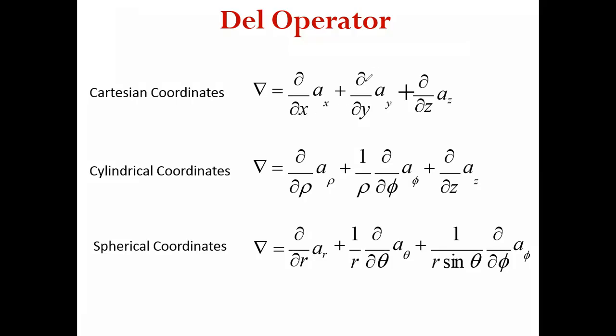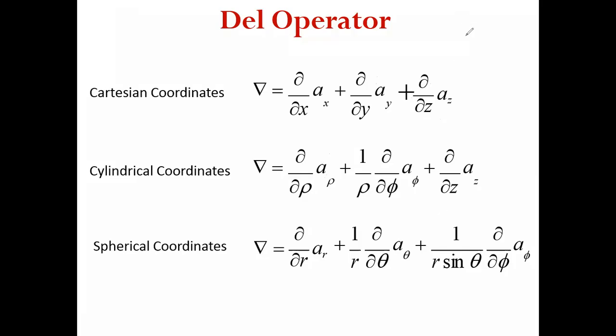Similarly, here the partial derivative of the function with respect to y, whereas the other variables are supposed to be constant, and here the partial derivative with respect to z, keeping the other variables constant. Here, partial derivative with respect to rho, keeping phi and z constant.